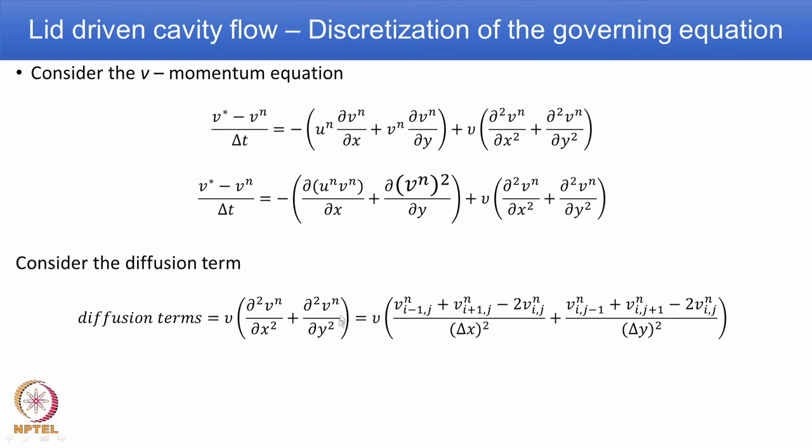Now, the second term is for the second derivative in the y direction, evaluated again using the central differencing scheme. So, v at I j minus 1, v at I j plus 1 minus 2 times v at I comma j evaluated at nth level divided by delta y squared.